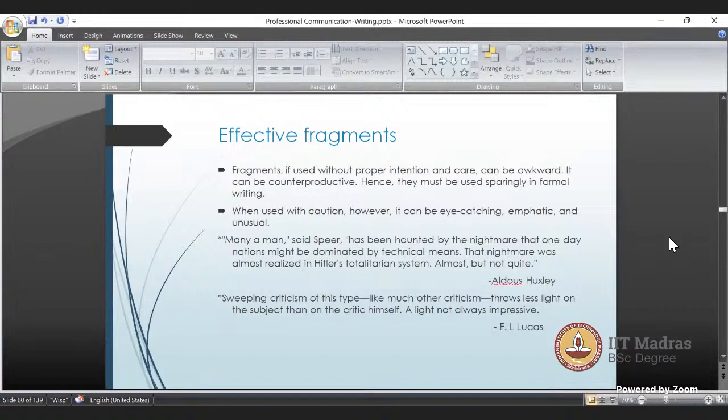But in any other case, if you're using it without a purpose, without knowing the context well, it can definitely look out of place, and it can be counterproductive too. That means it's going to bring unnecessary, unwarranted attention to what you're writing. It will not go well with the way people would perceive things from it.